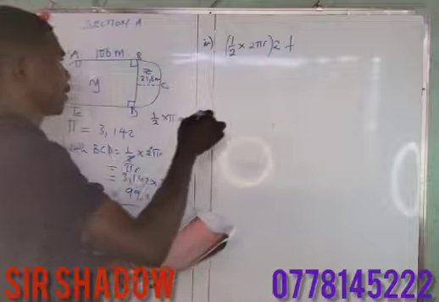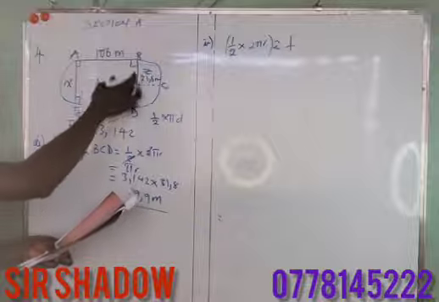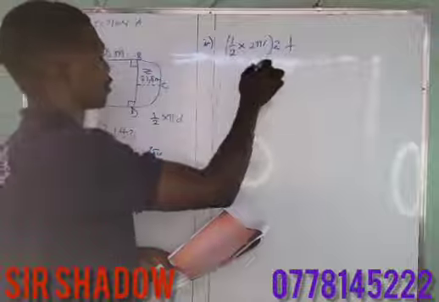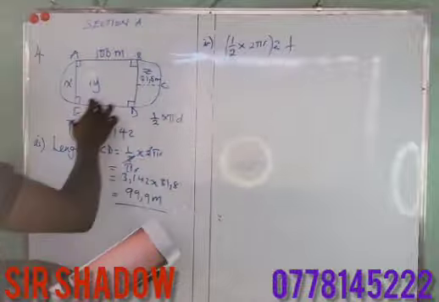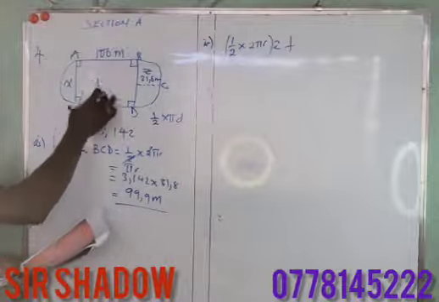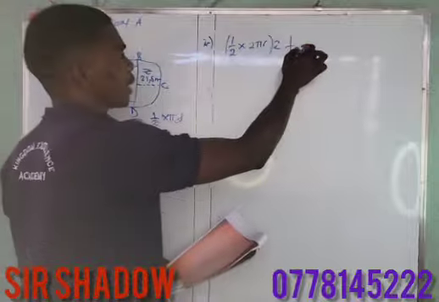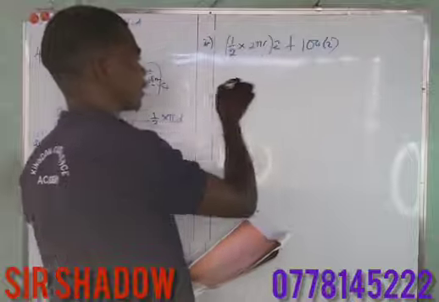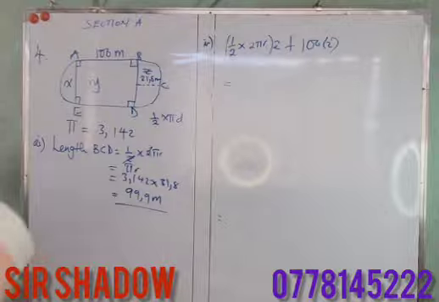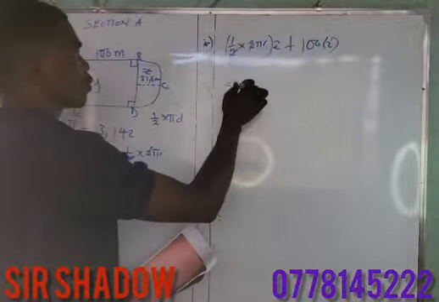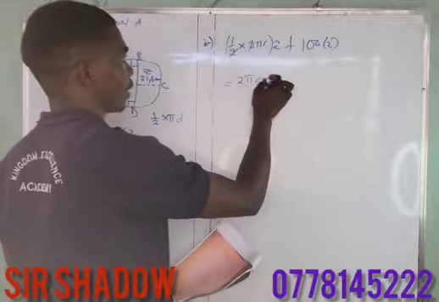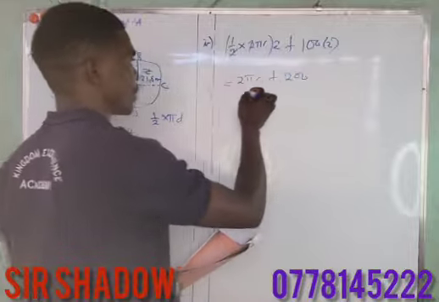Then plus 100 by 2 plus 100 by 2, which is 100 plus 100. So this one times 2 plus this one times 2, which is 100 by 2, right? So these two cancel, and we are left with 2 pi r plus 200, right?